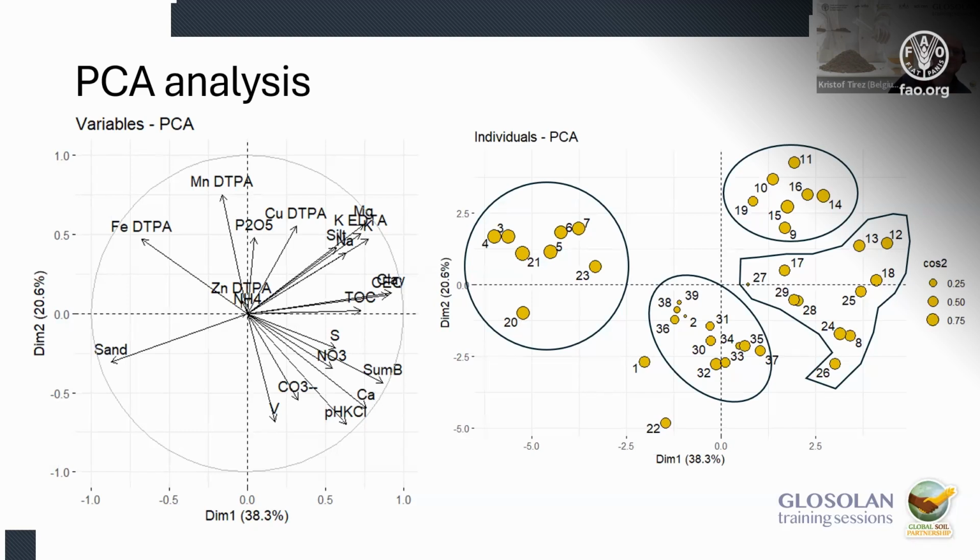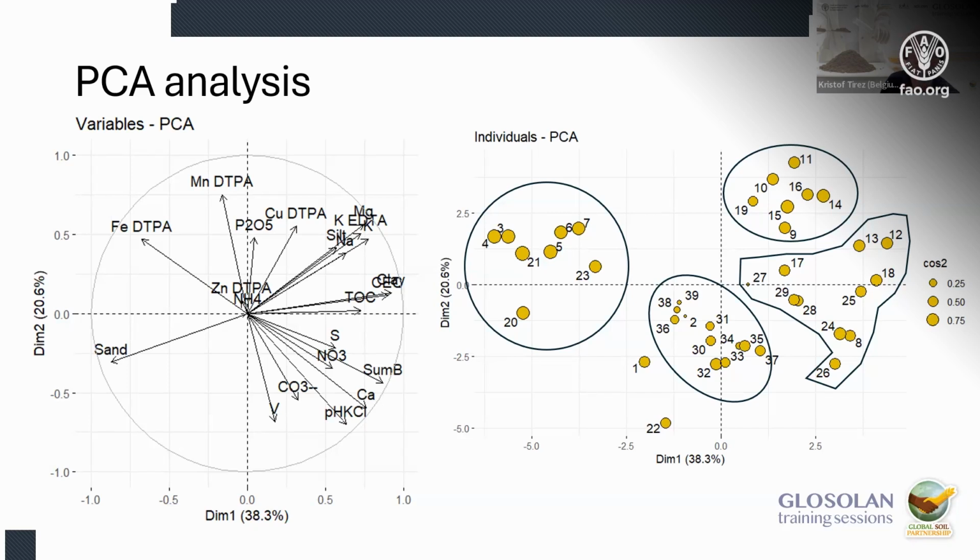Yeah. Okay. This one can be there because it is sandy and low in organic matter, or it can be the influence of this one. Maybe it is very poor in Mg and K, but things are not excluding. Yeah. No. But here it's a question of trying to group the different soils.